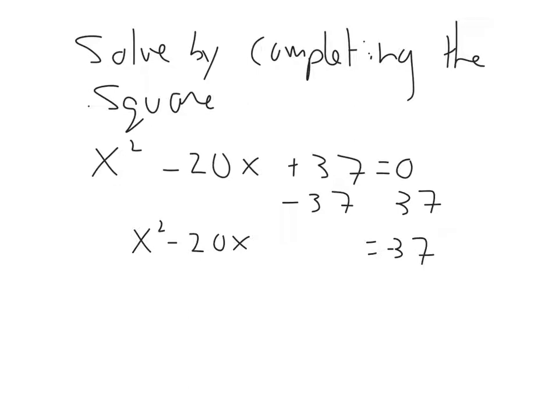I'm going to add 100. How did Allison know that I needed to add 100? Negative 20 and 100. Because you're separating the 20x into tens, so that little parking area thing is going to be 100.